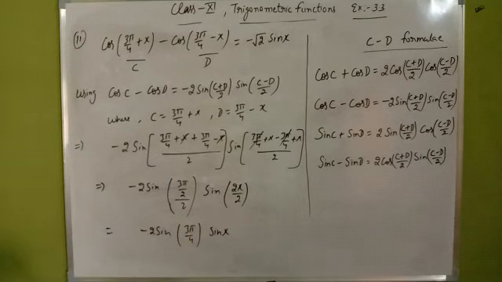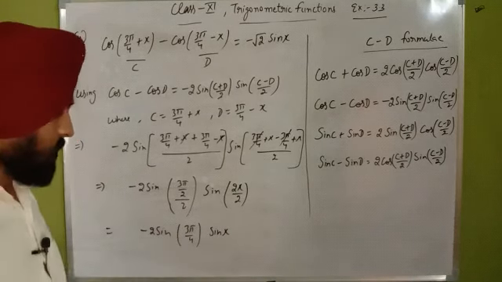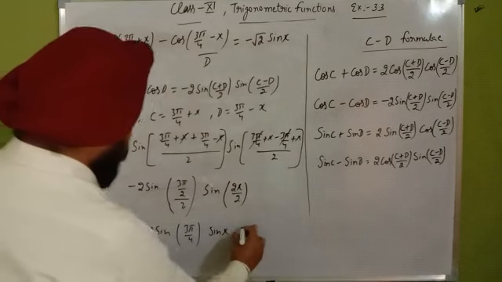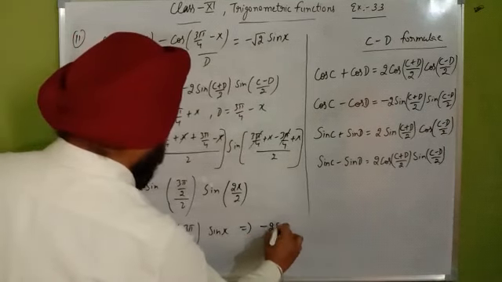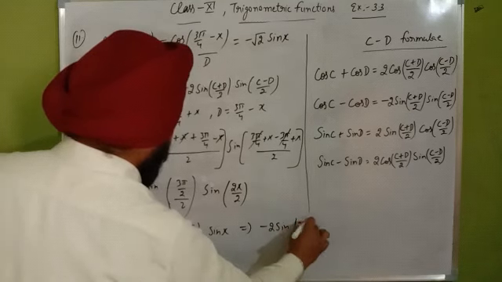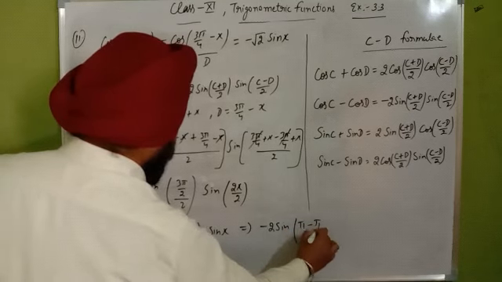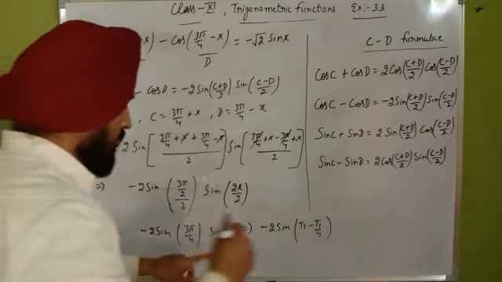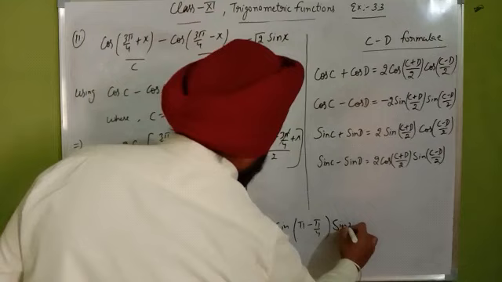Clear? Now you have to check here sine 3 pi by 4. What is the value of sine 3 pi by 4? We have to separate it in the form. It implies minus 2 sine (pi minus pi by 4). Yes, we can separate the 3 pi by 4 as pi minus pi by 4, sine x as it is, into sine x.